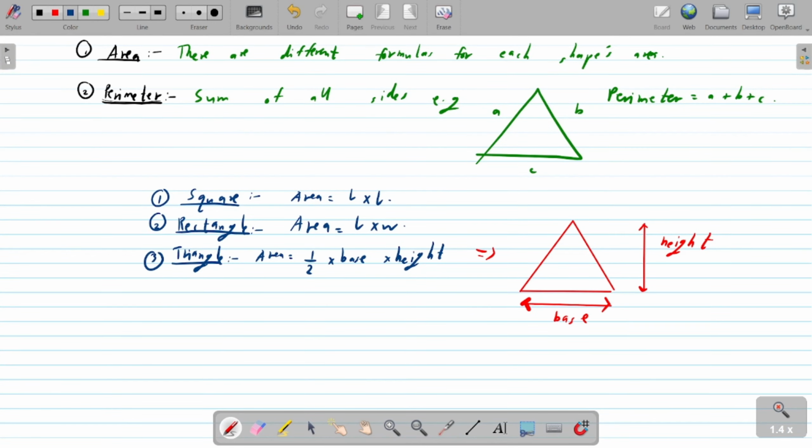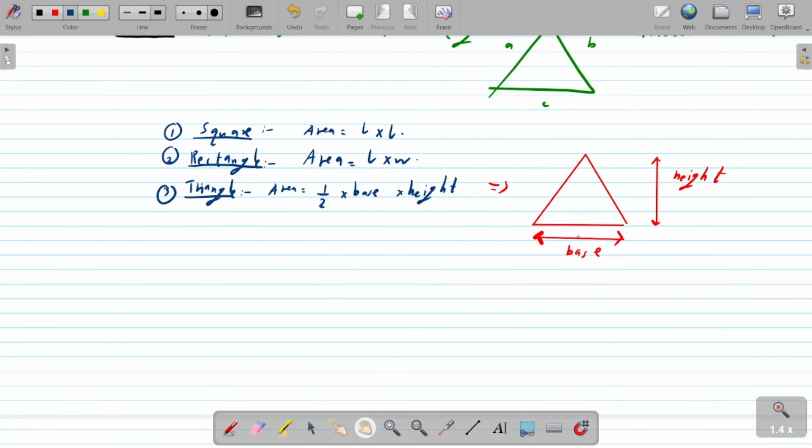Now one thing to keep in mind for a triangle, the base cannot always be this, and the height cannot always be this as well. It's going to differ based on what you take as your base. For example, this is the first scenario, let's mark it with a different one.